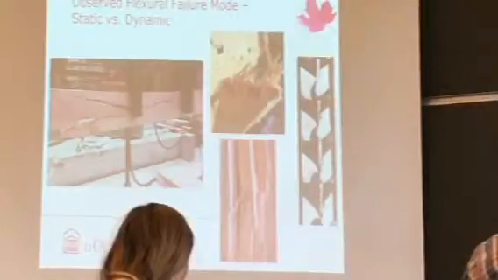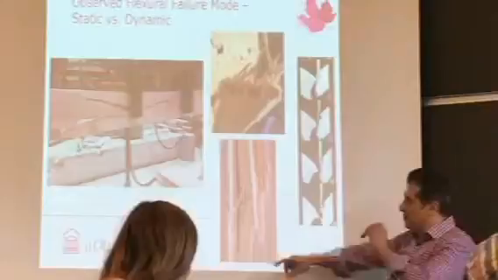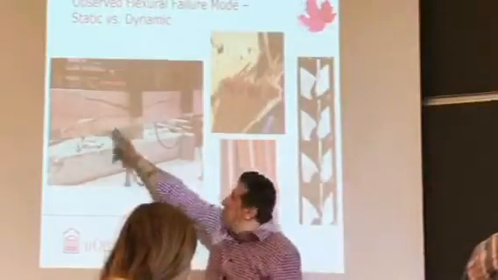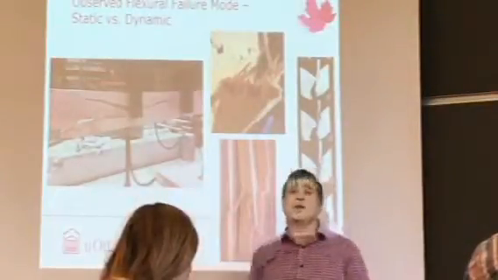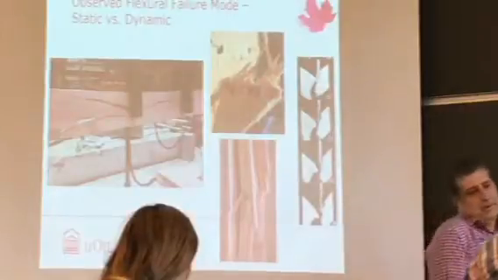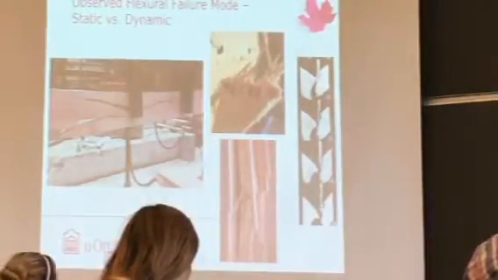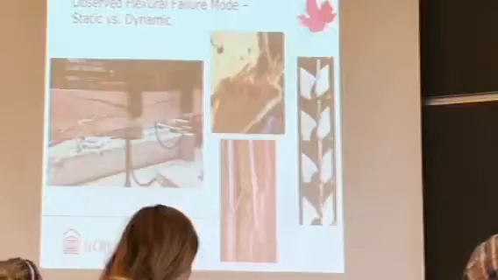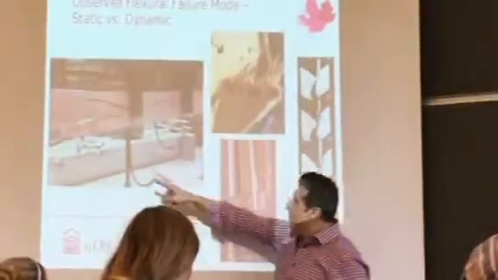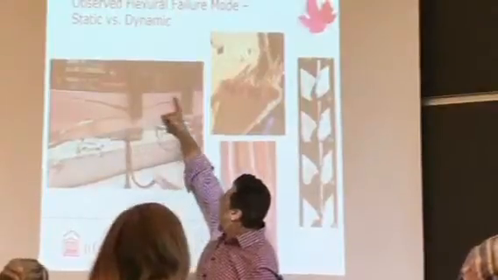We need to know what is our reference point. Well, our reference point is static testing. So you take a piece of stud or beam, and you put it into just simply static testing. You let it fail within 5, 10 minutes, 7 minutes, somewhere in that range. So that's an average rate for static testing. And you can see, this is what I was talking about before. So this is a typical failure that you get, right?